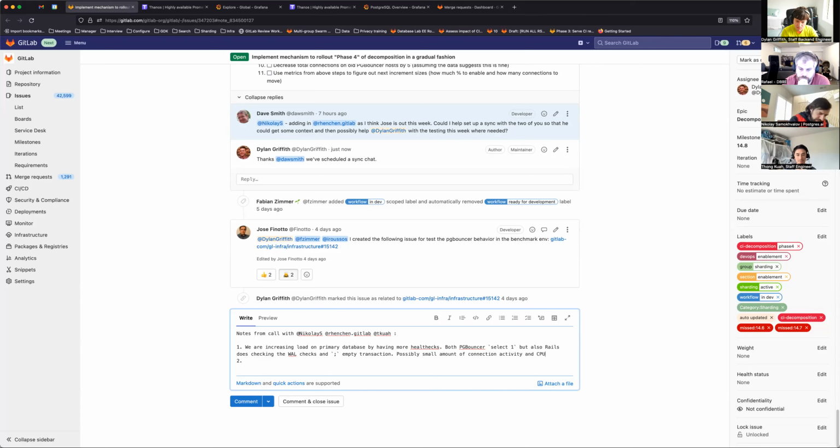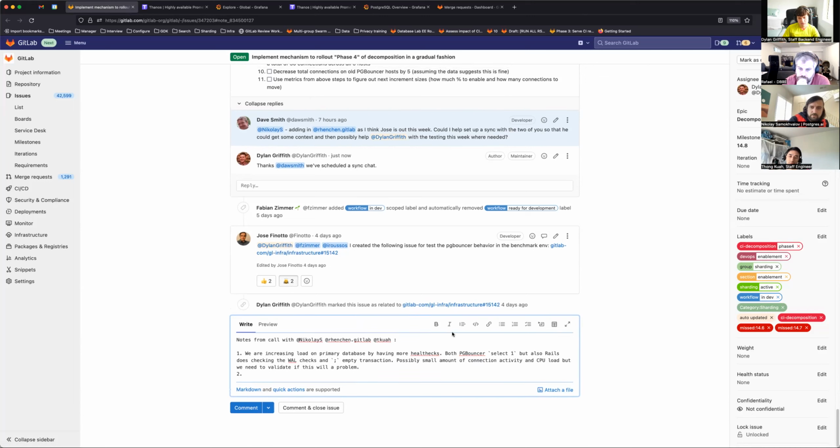In the past, we thought several times about getting rid of it because there are techniques to get rid of them, but it's still there because it was considered a lot of work, and the benefit is not so huge because the impact on load is not so high. So this is my understanding. I proposed multiple times to get rid of health checks, and last week one more time.